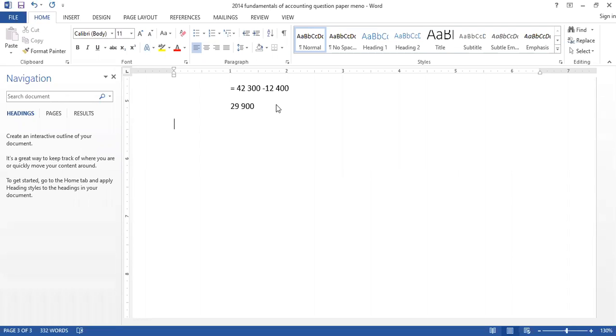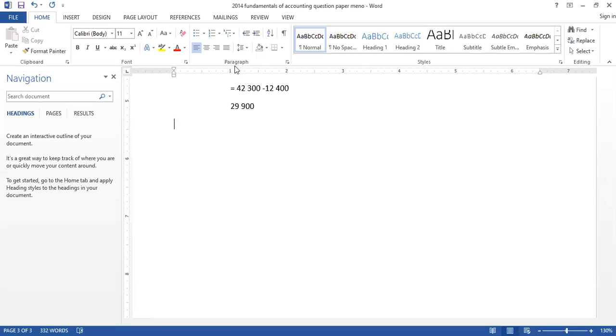We said that these are organizations whose main aim is not to make profit, but to render service to their members. So we are given a trial balance and some additional information, and we are required to draw up a bar trading statement for the year ended 31 August 2013.